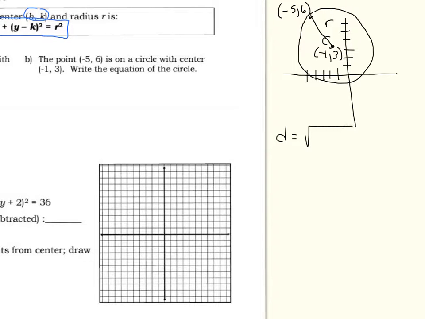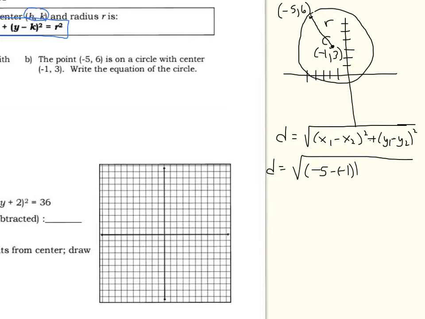So remember the distance formula, square root of x1 minus x2 squared plus y1 minus y2 squared. So it will be negative 5 minus negative 1 squared plus 6 minus 3 squared. So this is going to be negative 5 plus 1, so this is negative 4 squared, and 6 minus 3 is 3 squared.